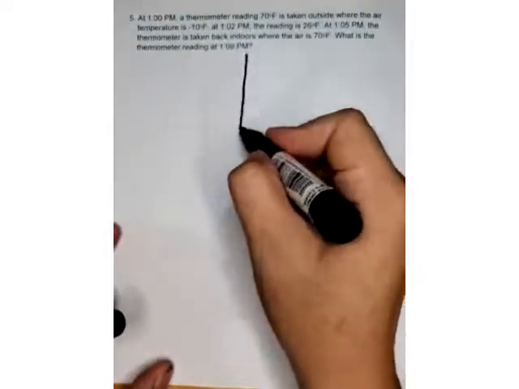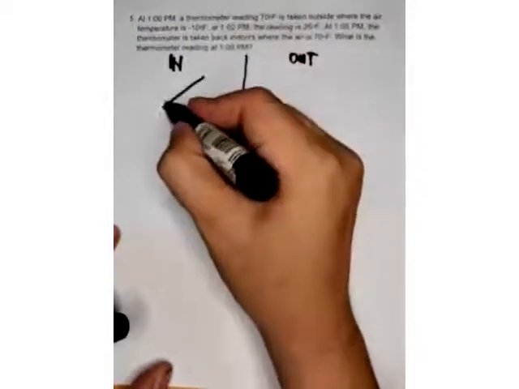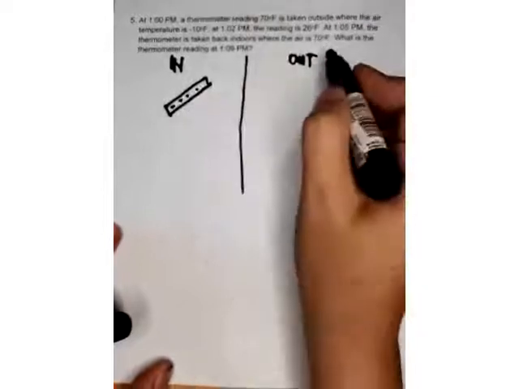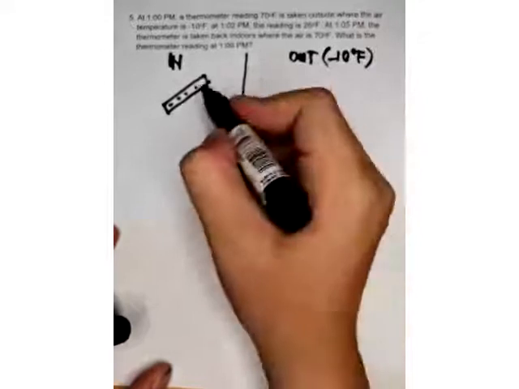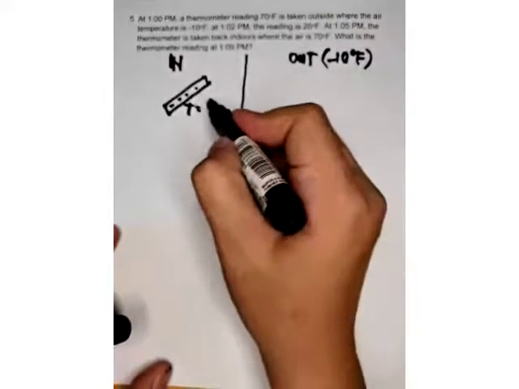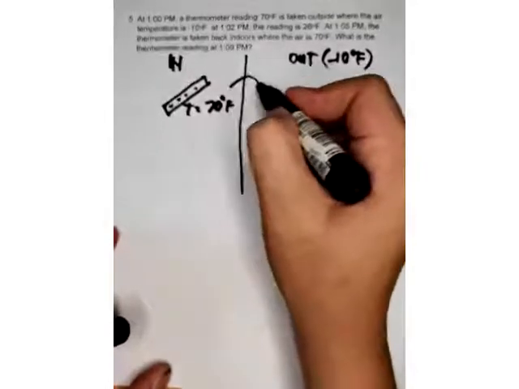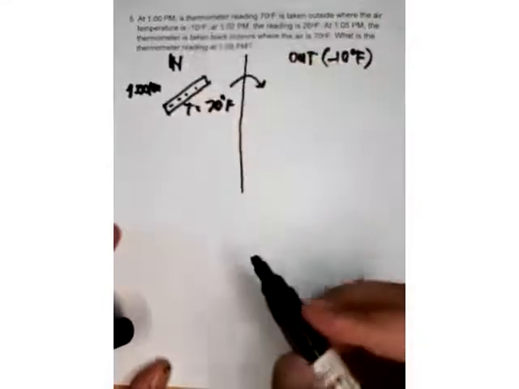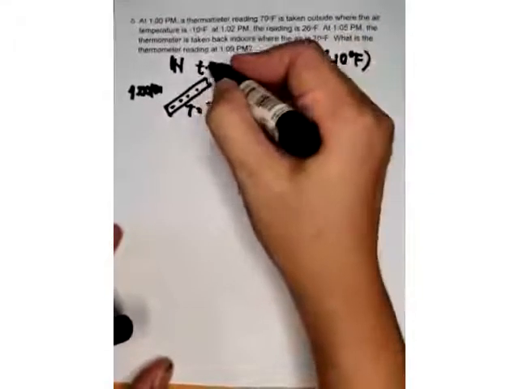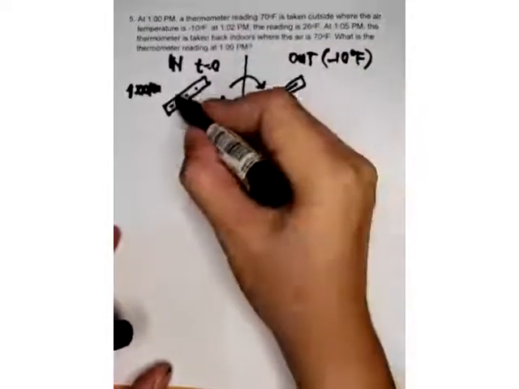Meron naman tayong in, and then meron din tayong out. The temperature sa labas ay negative 10 degrees. Yung reading dito ay 70 degrees Fahrenheit. So nilabas siya. So this is at 1 p.m. That means the initial time there is 0.